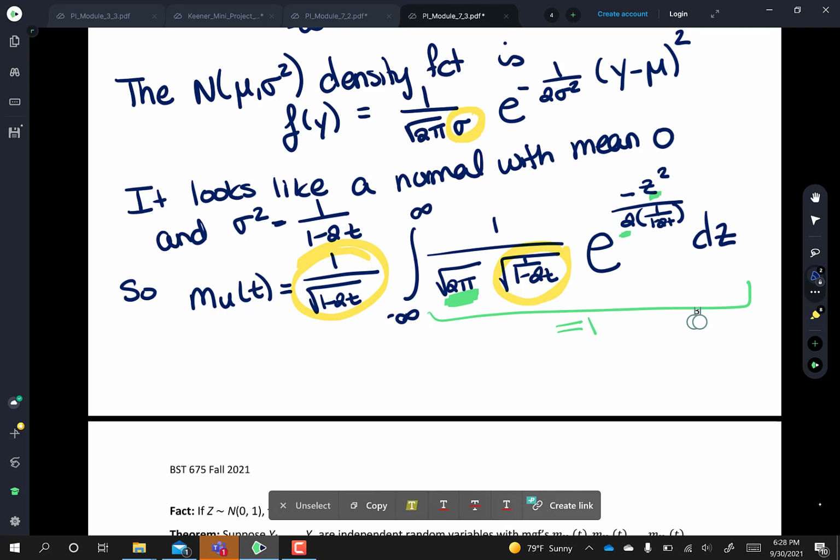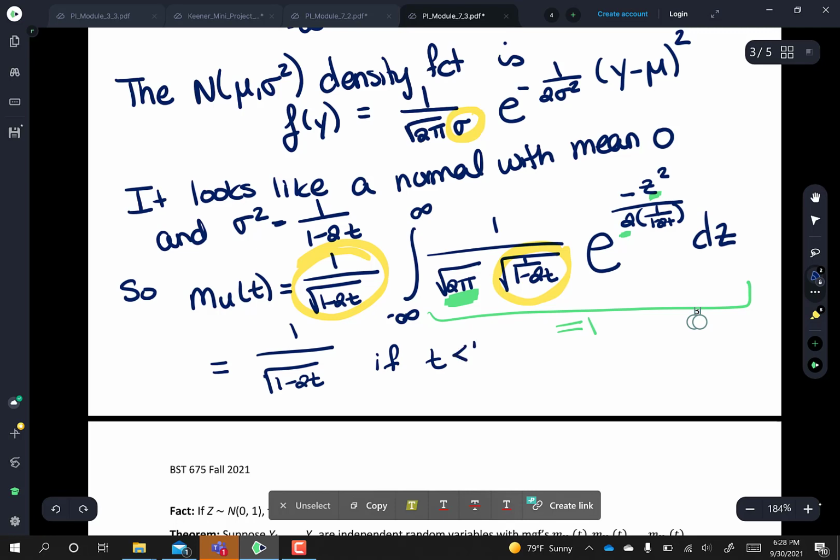So we are just left with 1 over the square root of (1 minus 2t) if t is less than a half, because we need that so that we don't end up with an imaginary number or a 0 in the denominator.